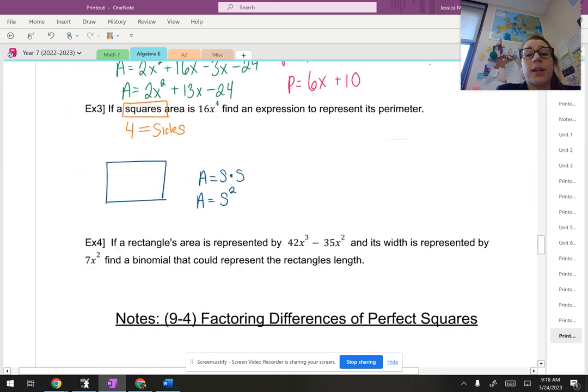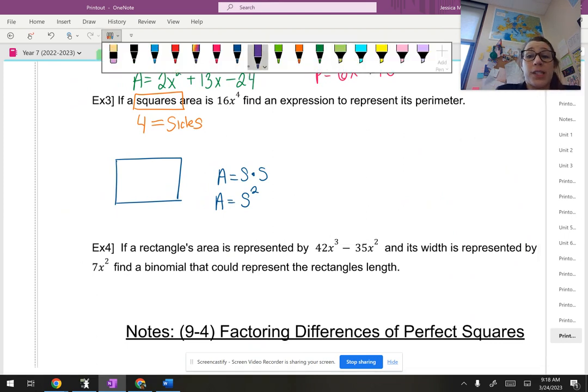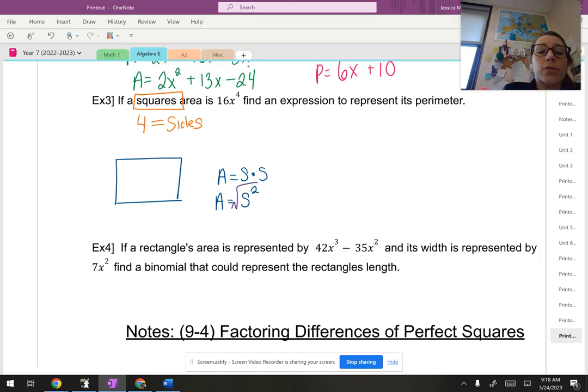If you haven't figured it out, we're going to come back here to our equation. If A, area, equals side squared, and I want to solve for one of the sides, what's preventing S from being by itself? The squared. The inverse of a square is to square root.